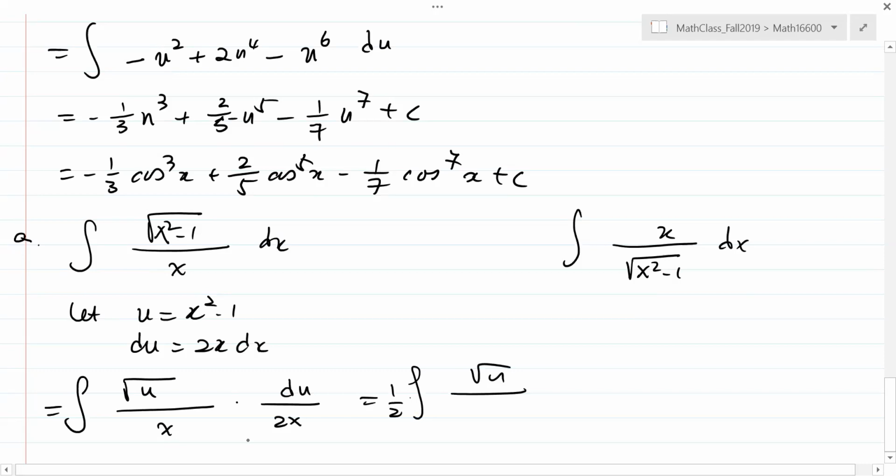Then you have u squared, x squared. x squared is going to be u plus 1. Okay? Now what? It's simpler. Let's leave it simpler. But let's see, u plus 1 here. Right? x squared is u plus 1.